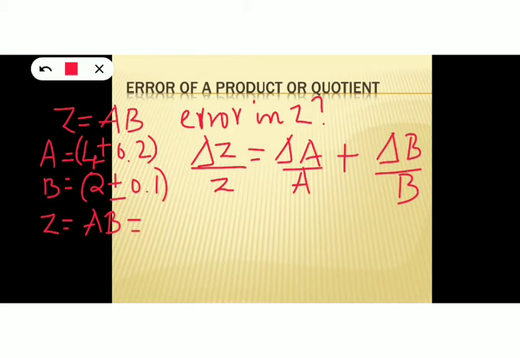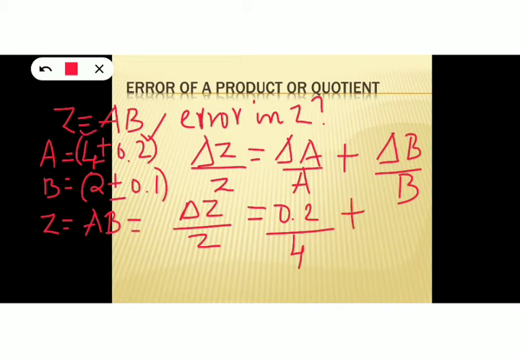So here, how will you find out the relative error in Z? Delta Z by Z is equal to delta A by A, where delta A is the absolute error in A, that is 0.2, divided by A, the true value, which is 4, plus delta B, the error in B, which is 0.1, divided by B, the true value of B, which is 2.